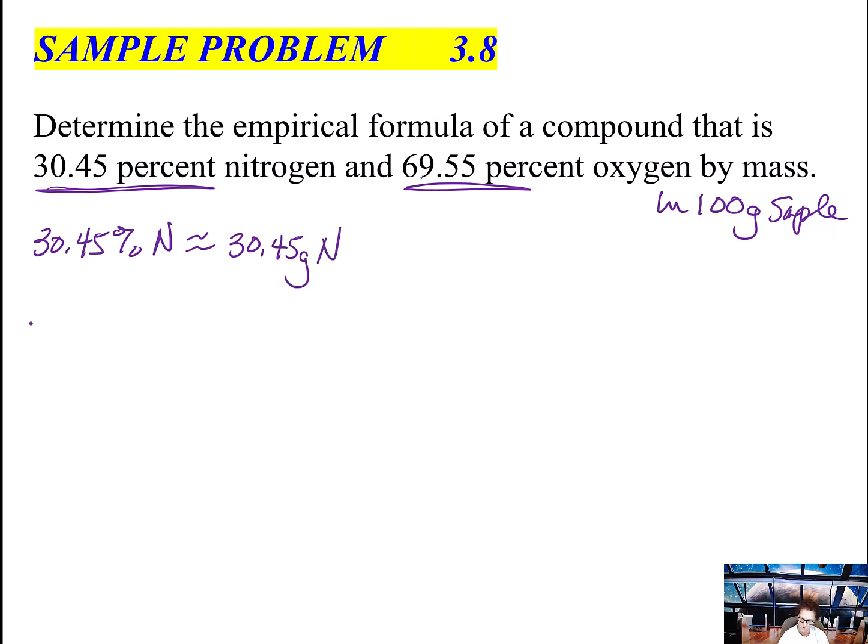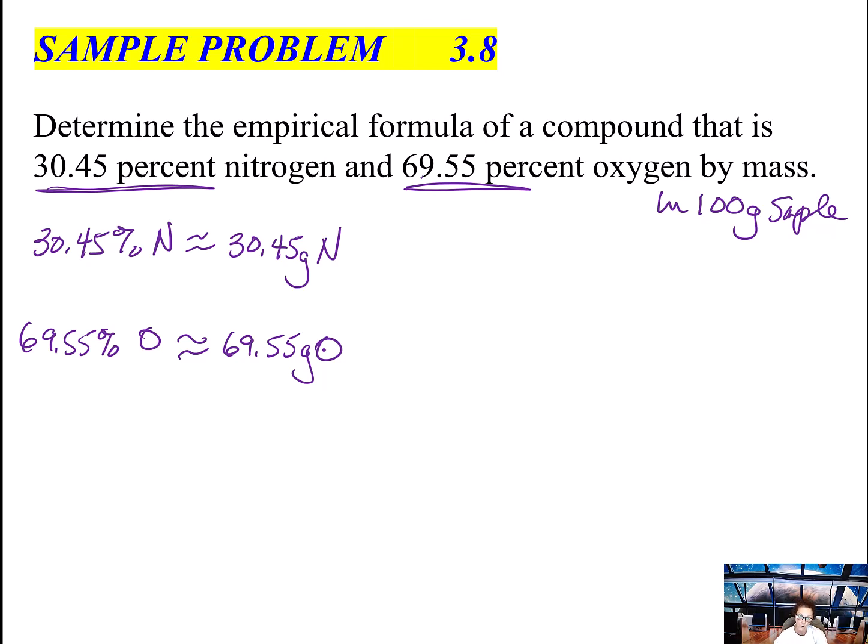And in the same way, 69.55% oxygen is 69.55 grams of oxygen.